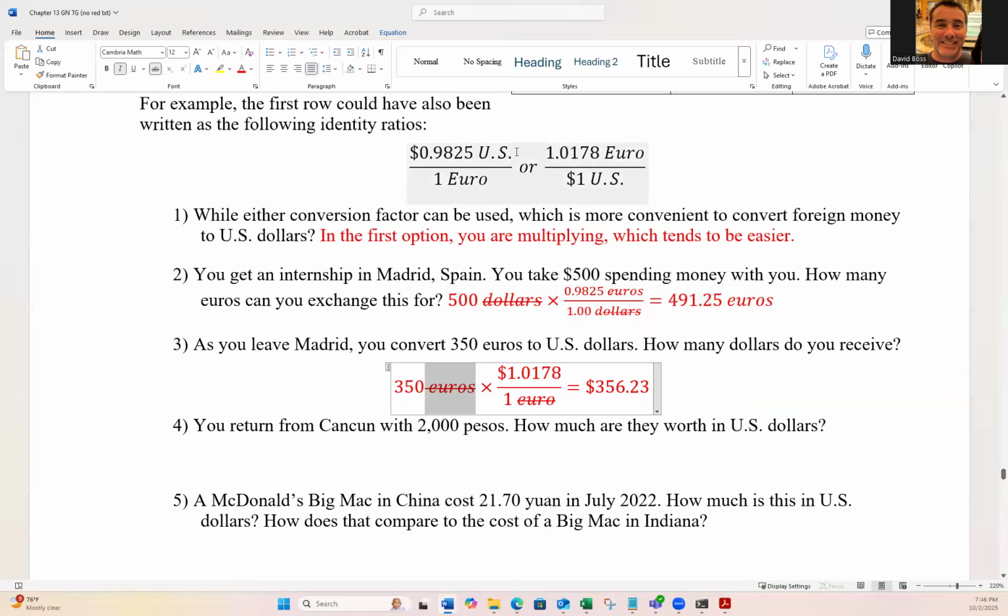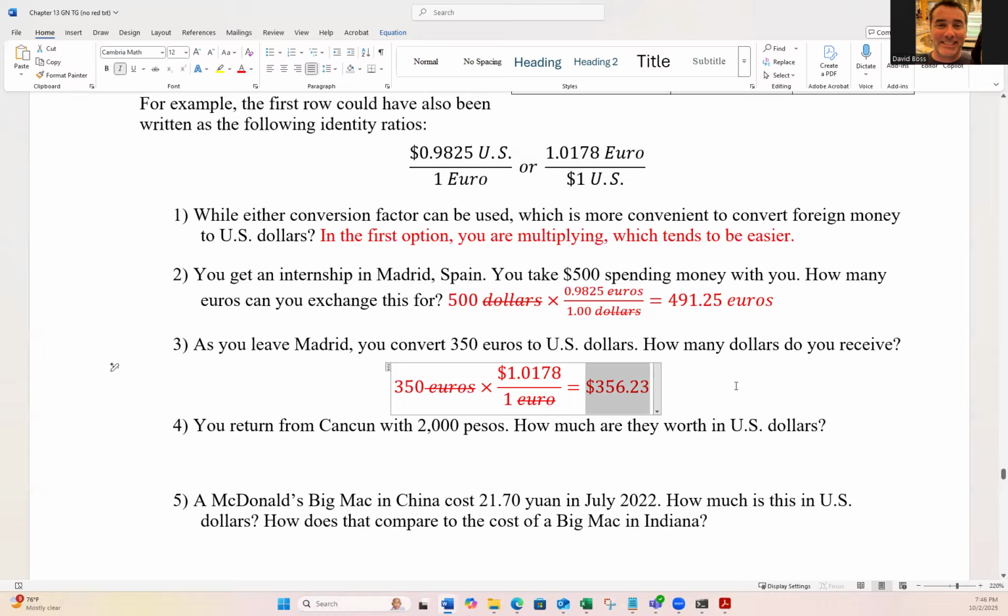So you can use either one of these. The issue is that with this, you don't have to deal with 0.9825 on the bottom, or you'd have 0.9825 on the top and then 1 euro here. So either one of these works. Just make sure the euros line up so that they cancel out. And then you're left with dollars. So 350 times $1.0178, $356.23.